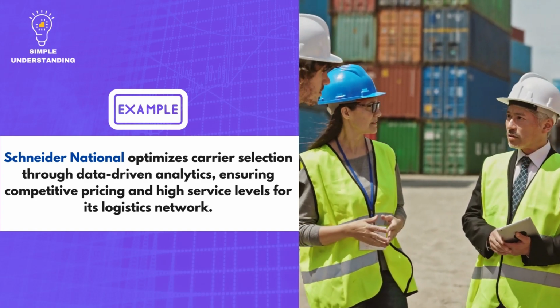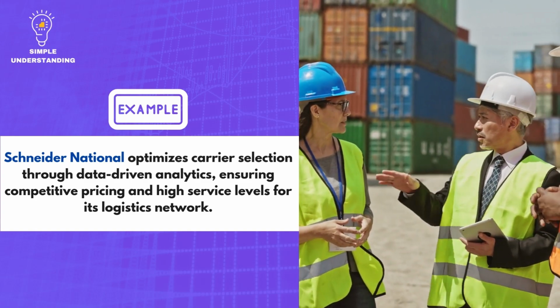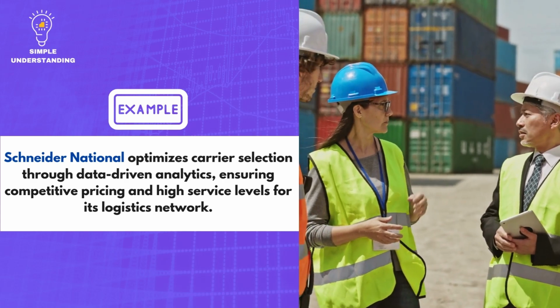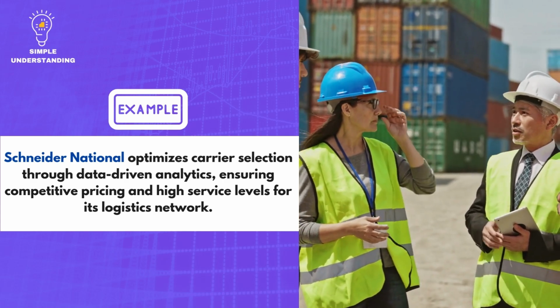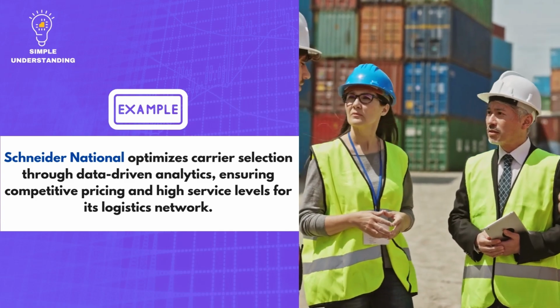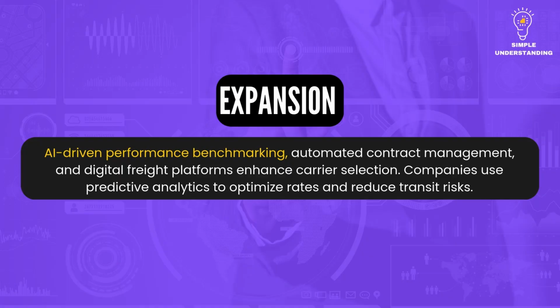Schneider National optimizes carrier selection through data-driven analytics, ensuring competitive pricing and high service levels for its logistics network. Expansion. AI-driven performance benchmarking, automated contract management, and digital freight platforms enhance carrier selection. Companies use predictive analytics to optimize rates and reduce transit risks.